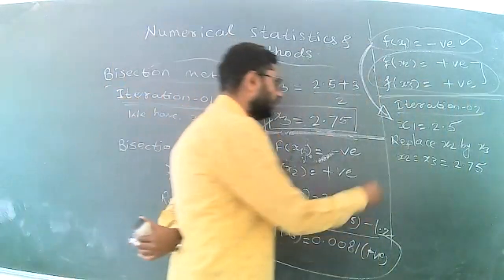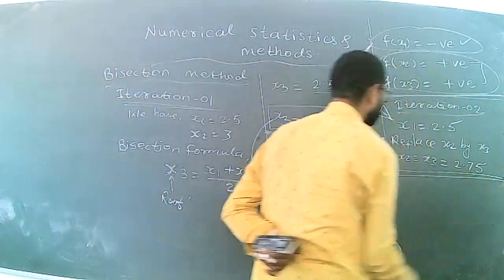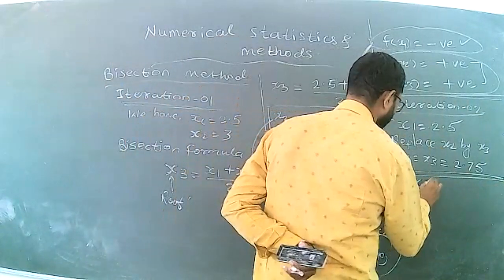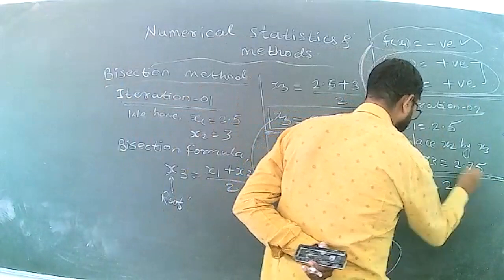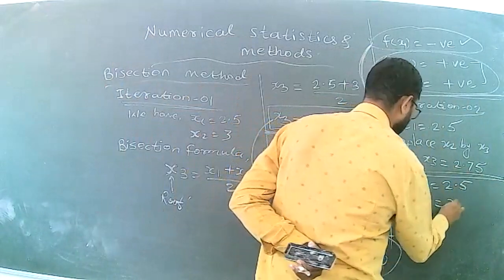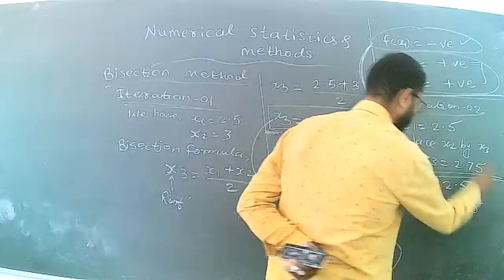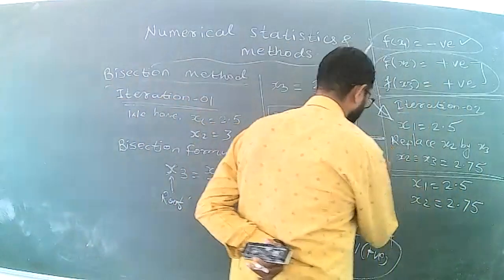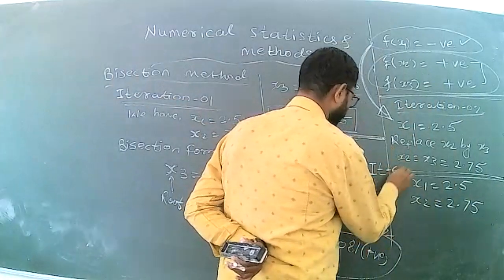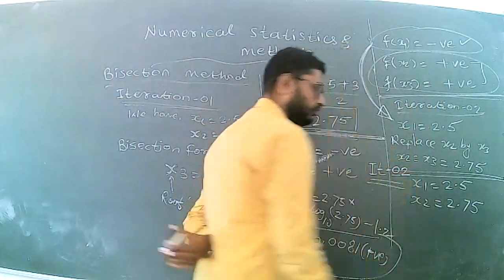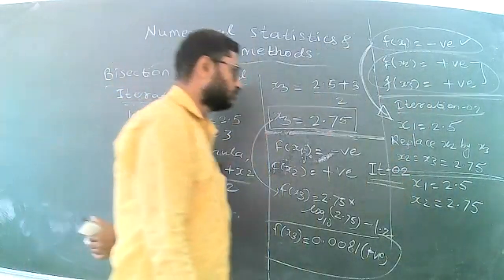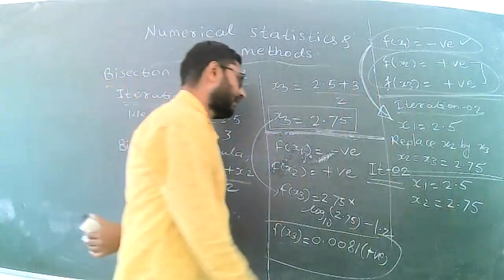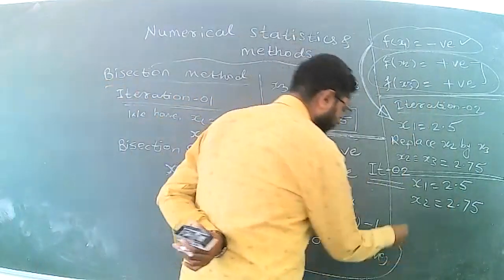What does this mean? For iteration 2, we use x1 equal to 2.5 and x2 equal to 2.75.